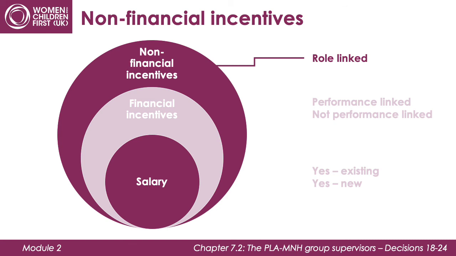For example, in some programs, PLA-MNH group supervisors have received airtime, and in most, they've received a quote-unquote uniform of t-shirt, hat, and bag. But these incentives can also be unlinked to their role. In either case, once again, any additional support provided to CHWs or CHV or CHW supervisors will need to be in line with local policies regarding resources and allowances for these cadres.